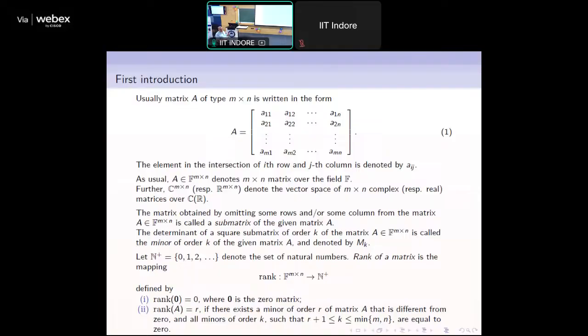Here I will present a very short introduction to matrix theory, and then we will start with the generalized inverses. I suppose you are familiar with all notions and notations which I will present here, but I will repeat them shortly for your introduction. You know that a matrix is written in this form.